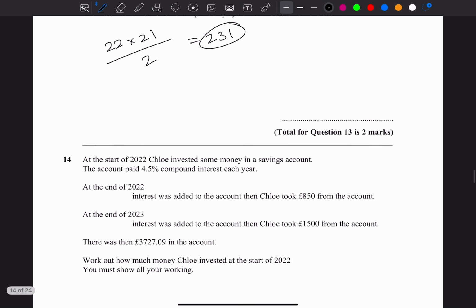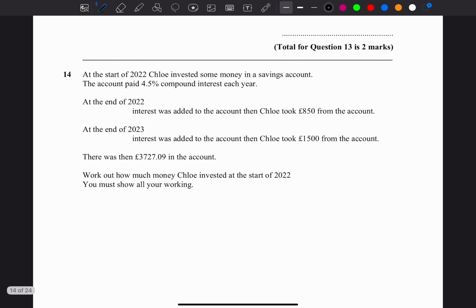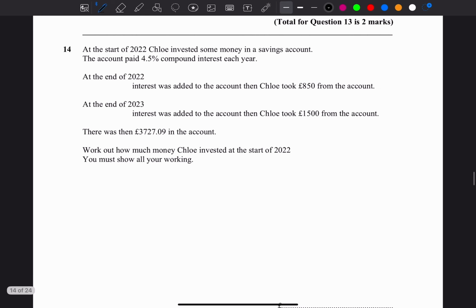Okay, next one. Question 14. We start at the end. There was 150. Okay, so we will work it backwards because they want to know the start of 2022. Okay, so 3727.09, and what did they do?